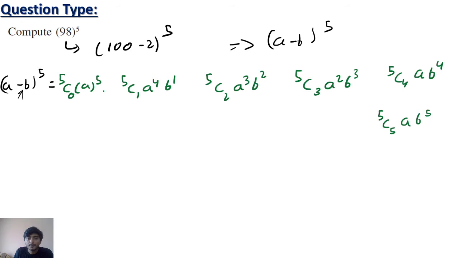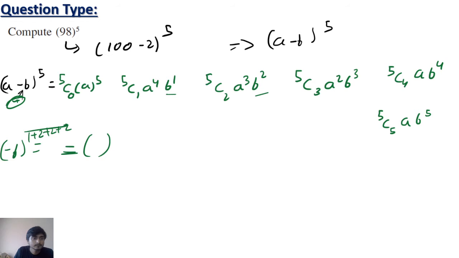Now, if it was all plus, fine, but now b becomes negative. So wherever b has an odd power, like 1 or 3 or 5, that term will start with a negative. So where are the odd powers? Here in b to power 1, b cube and b to power 5.